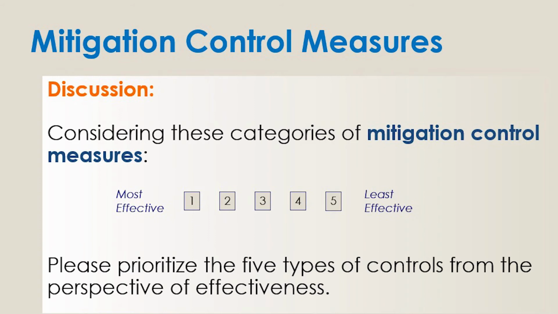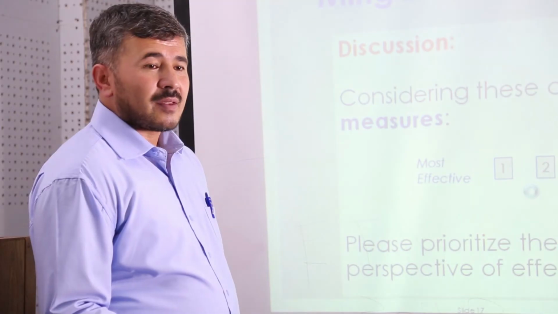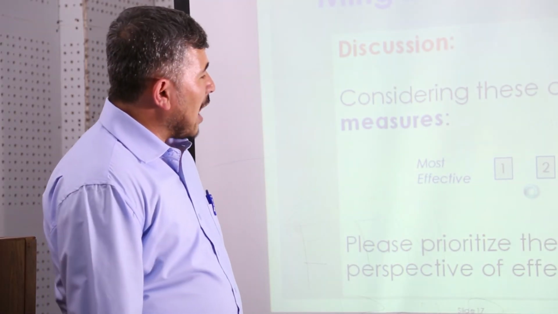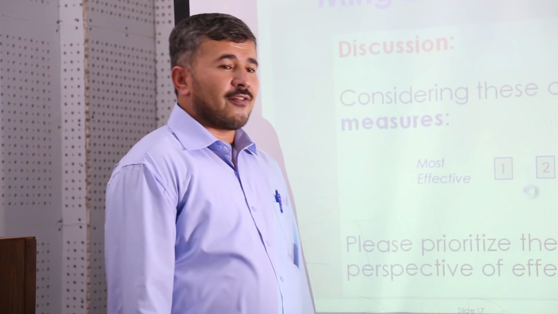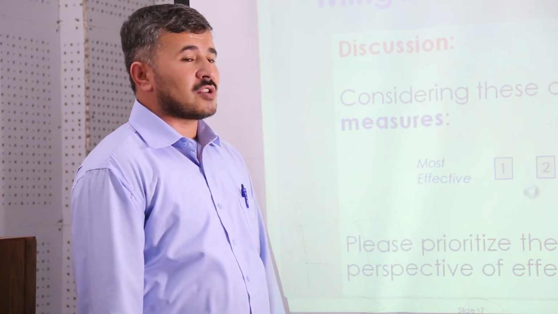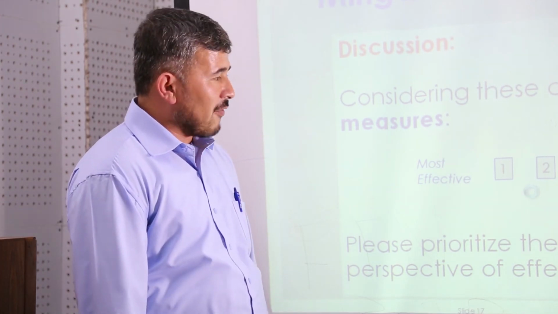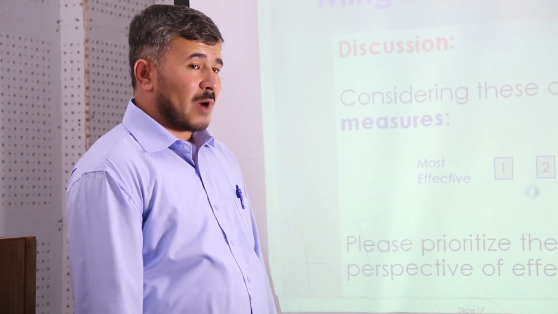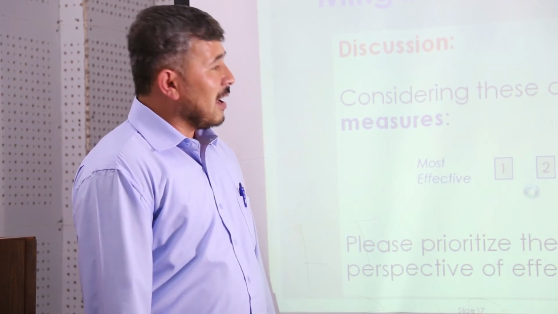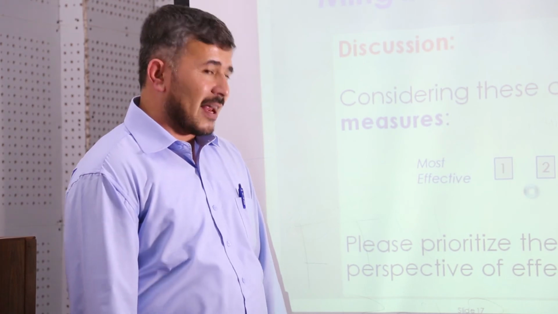It means 1 is most effective and 5 is least effective. So please categorize the 5 general mitigation strategies from 1 to 5. What will be the first one, the most effective one, and what will be the least effective one? Please write your answer on a paper and then we will collect it.